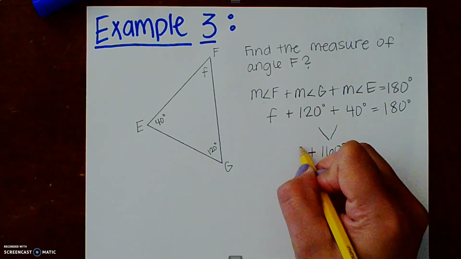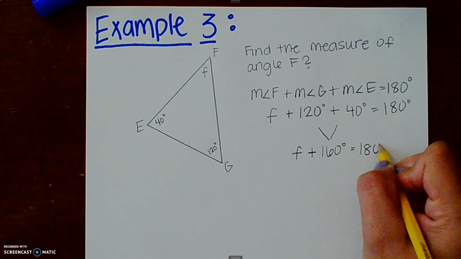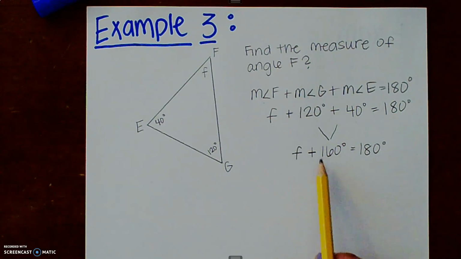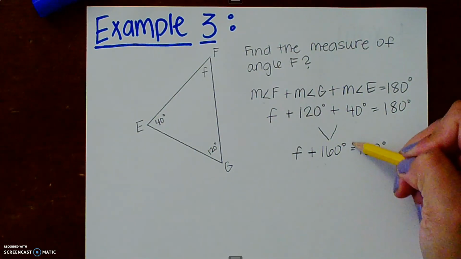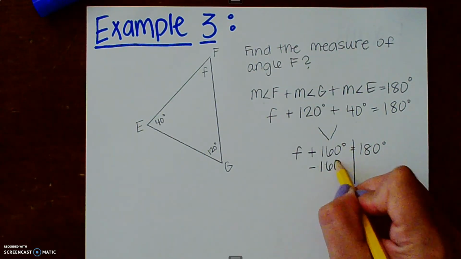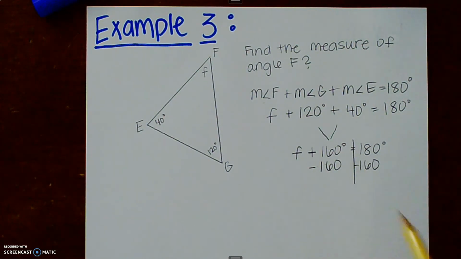And we're still solving for this F, equals 180 degrees. To get F by itself, we need to get rid of this 160 degrees. And it's held together by addition, so we're going to do the opposite. To make that 0 pair, we're going to subtract 160 from both sides.